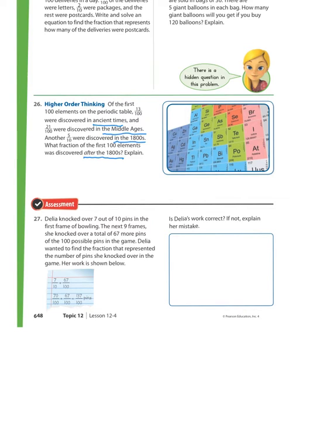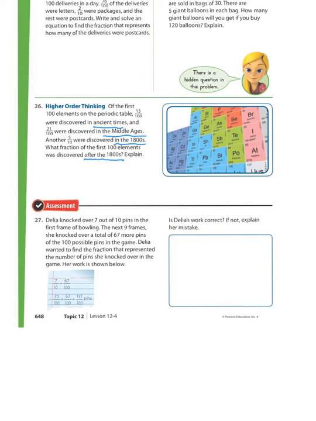The first thing I'm going to do is write 13 100ths from the ancient times, and I'm going to add that to 21 100ths from the Middle Ages, and then I'm also going to add 5 tenths that were discovered in the 1800s.